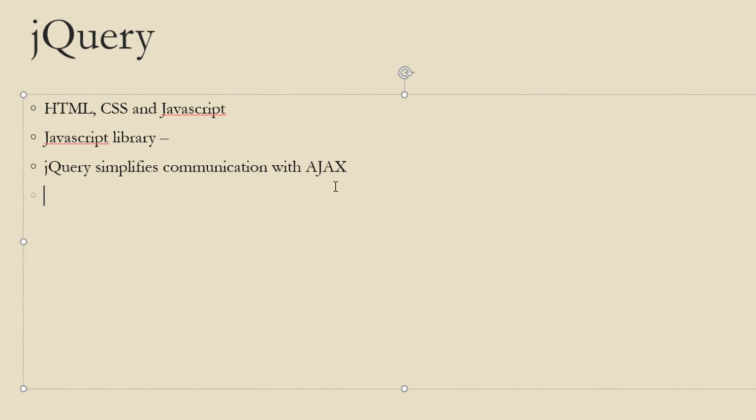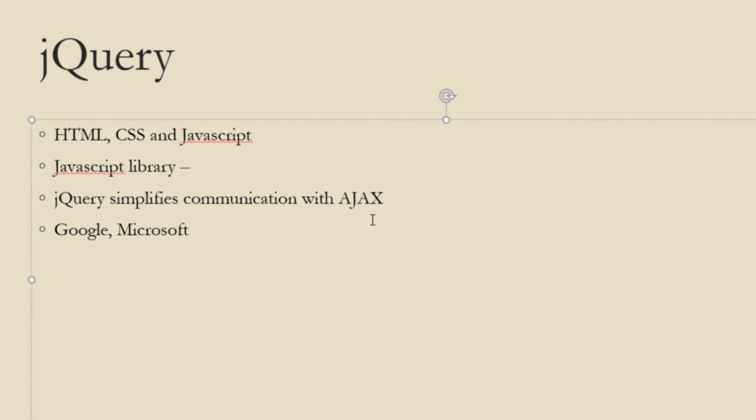In order for you to work with jQuery, you need to incorporate a JavaScript file or a library, which comes from Google, Microsoft. However, you can also download one if you don't want to tap into the online one. But it's used by some of the major corporations in their websites. For example, Netflix uses a lot of jQuery.